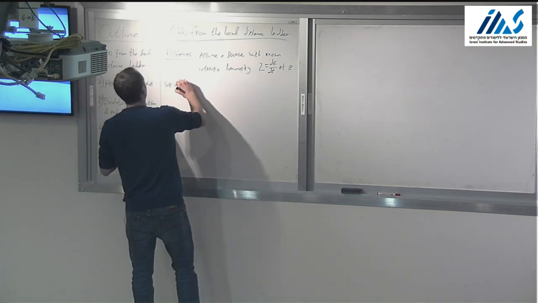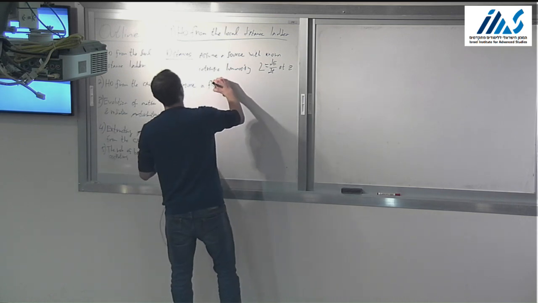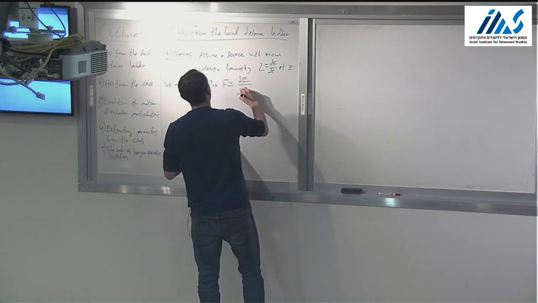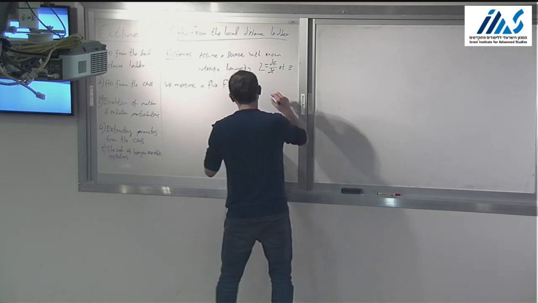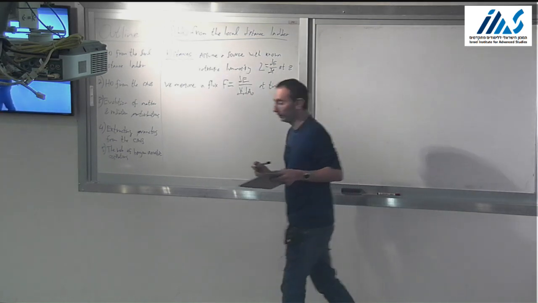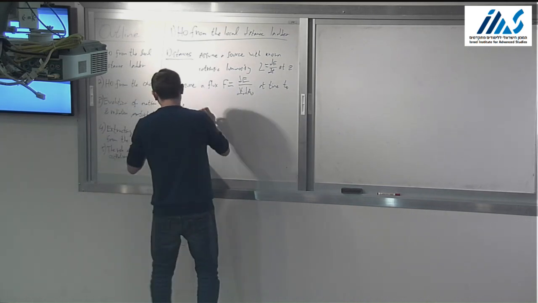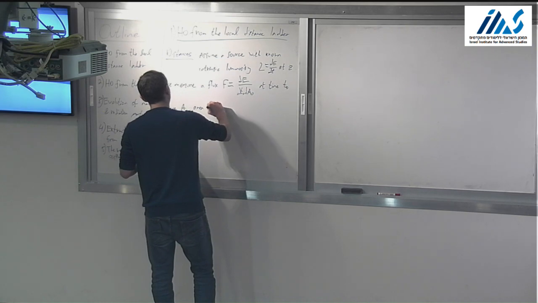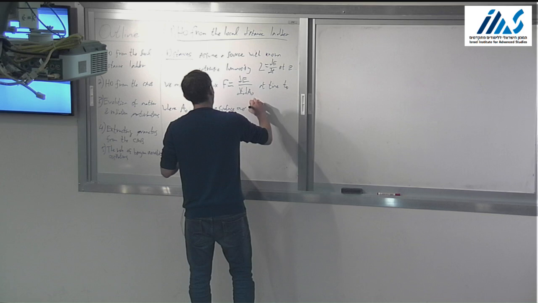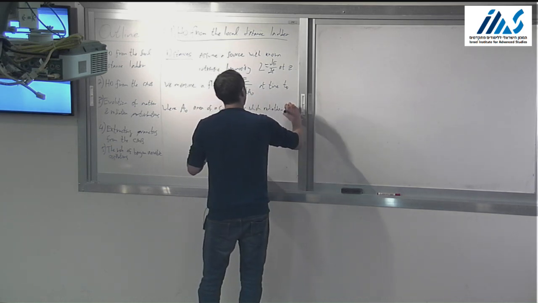What we measure is a flux F equals dE/dt naught over dA naught at time t naught, where this A naught is the area of a surface over which the radiation is spread.